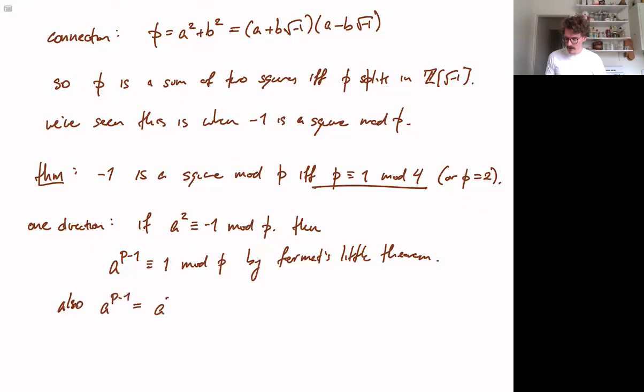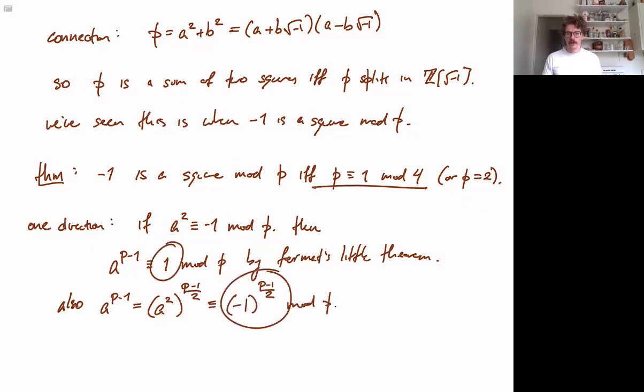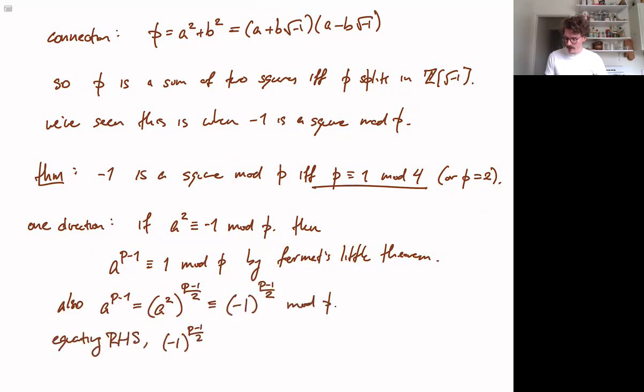This is a squared to the p minus 1 over 2, and a squared is congruent to -1. So let's swap that out. This is -1 to the p minus 1 over 2. And now equating the right-hand sides of these two formulas, we get -1 to the p minus 1 over 2 is equal to 1.